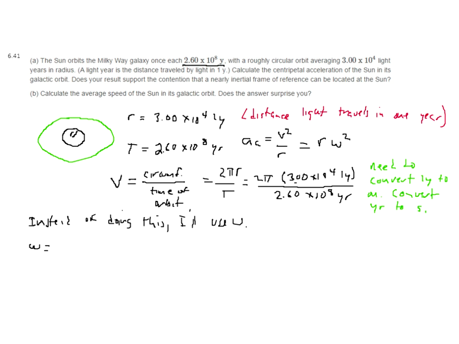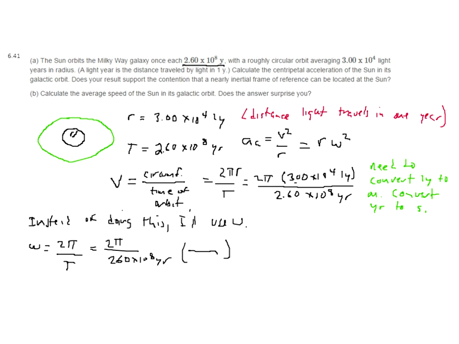And omega is equal to 2 pi radians over the period, so that's 2.6 times 10 to the 8th years.